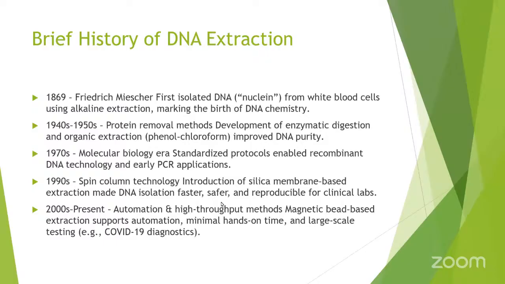In the 1970s, the molecular biology era, standardized protocols enabled recombinant DNA technology and early polymerase chain reaction applications. In the 1990s, spin column technology, the introduction of silica membrane-based extraction, made DNA isolation faster, safer, and reproducible for clinical laboratories.